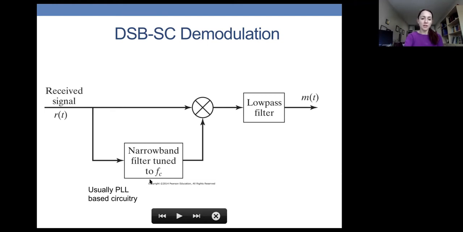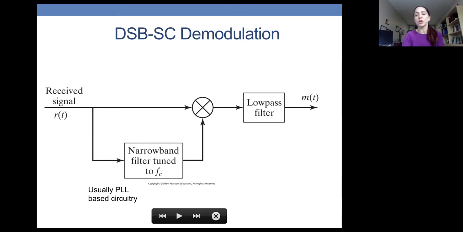And what it does is it matches to the frequency of the received signal. It also matches to the phase of the received signal. And when we low pass filter the mixing result, we obtain the original message signal in theory, of course.